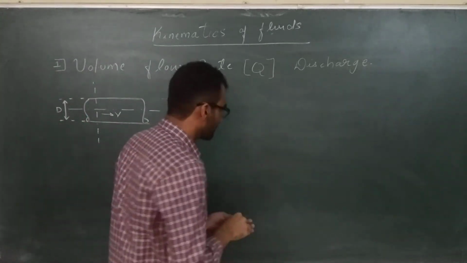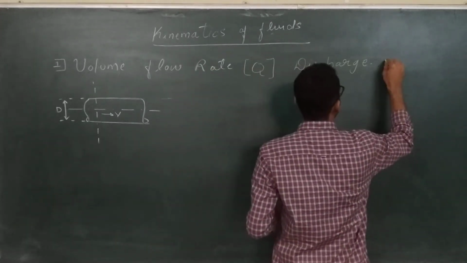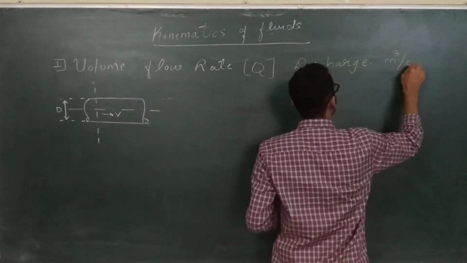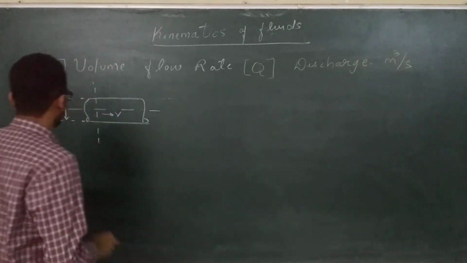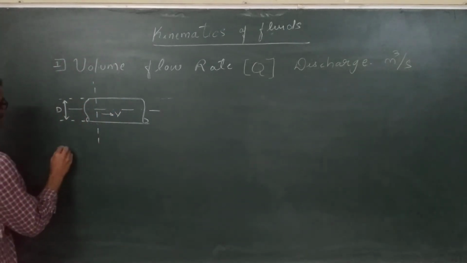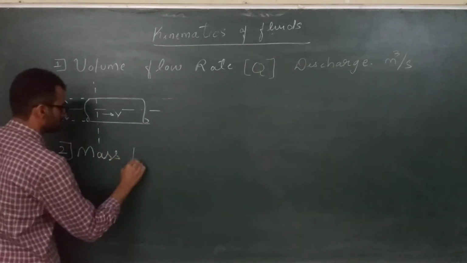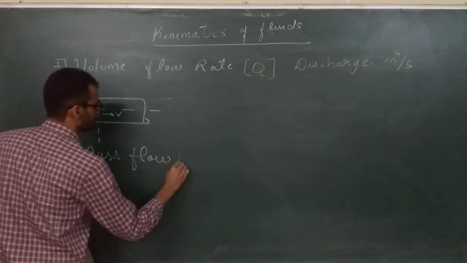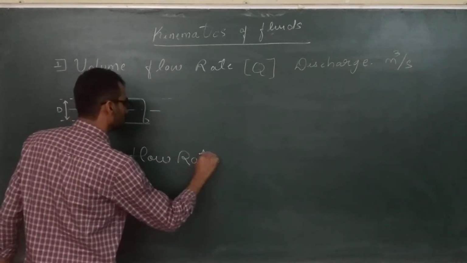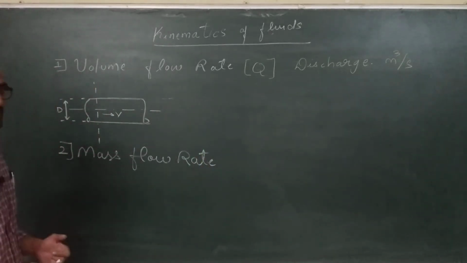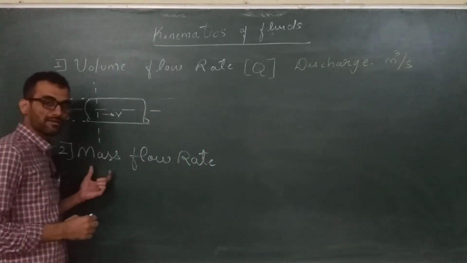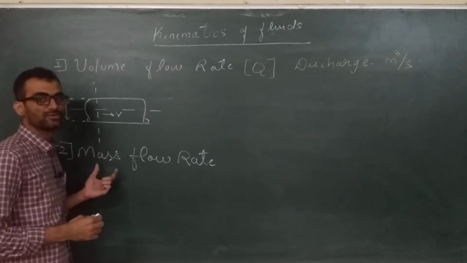So here the unit of discharge or volume flow rate will be meter cube per second. Now what is the mass flow rate? Mass flow rate is basically the amount of mass flowing per unit time.